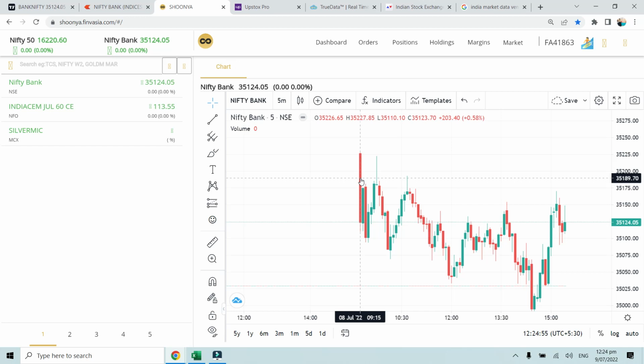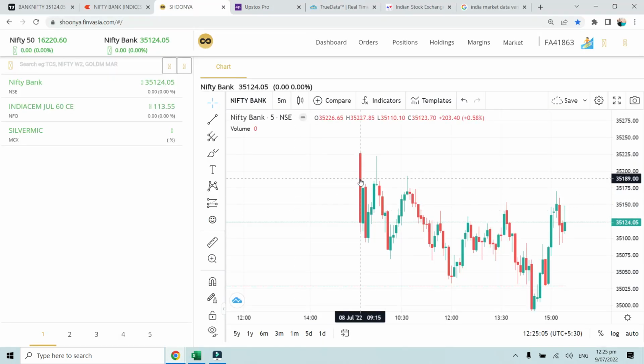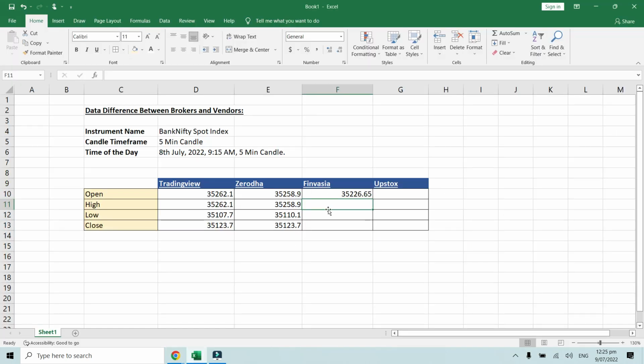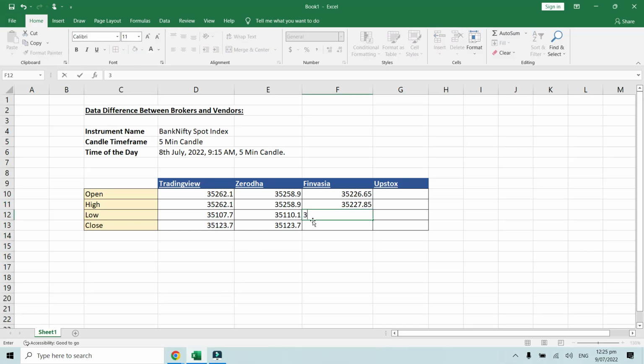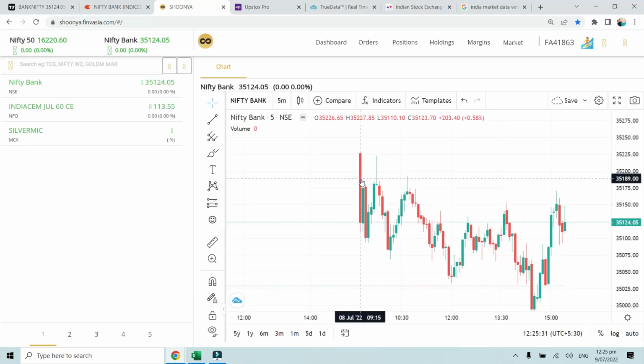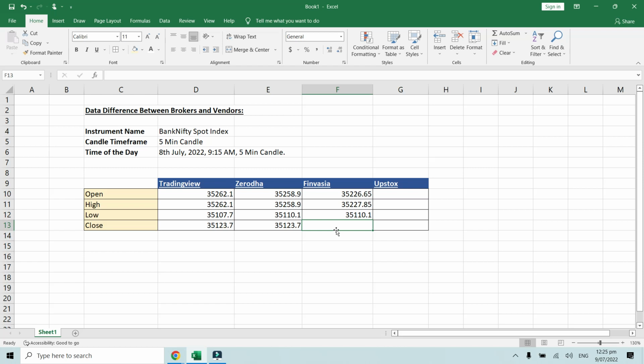The high value would be 35,227.85. Again, the low value would be 35,110.10, and the close value is 35,123.70.